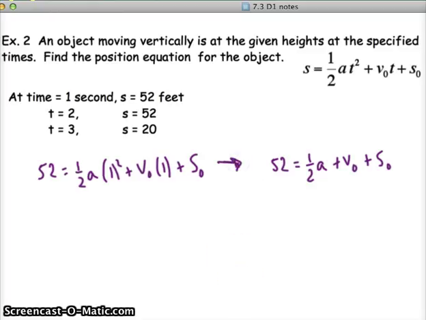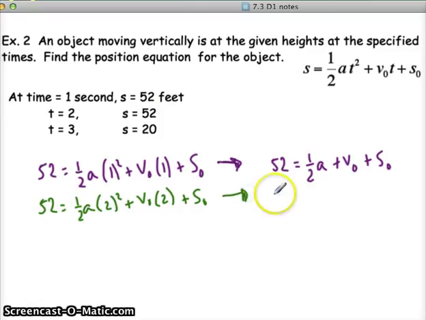Okay, my second equation, s is 52. But this time, we're going to plug in a 2 for t. So if I rewrite this equation, it'll be 52 equals, well, 2 squared is 4, 4 times 1/2 is 2, so we'd have 2a, we'd have 2 v sub 0's, and we'd have an s sub 0.